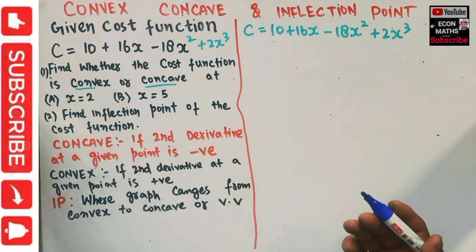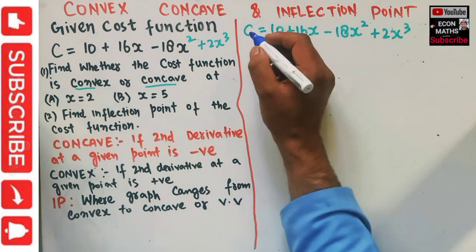Given this cost function, to find out whether a function is concave or convex at a given point, first we need to find the first derivative.